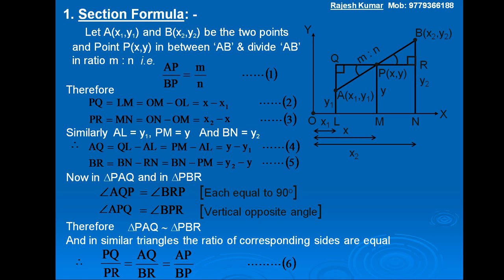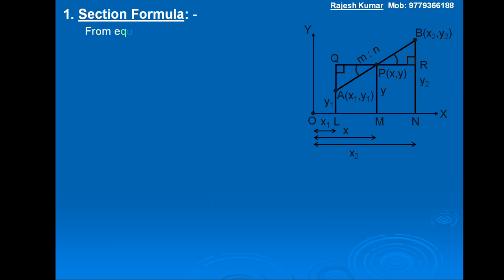Now see equation number 1 and equation number 6. From equation 1 and equation 6, we get PQ upon PR is equal to AQ upon BR is equal to m upon n. Let it be equation number 7.